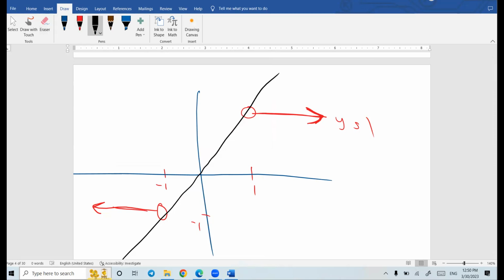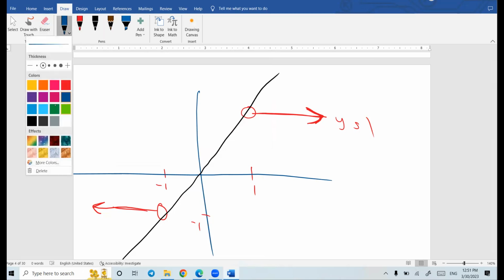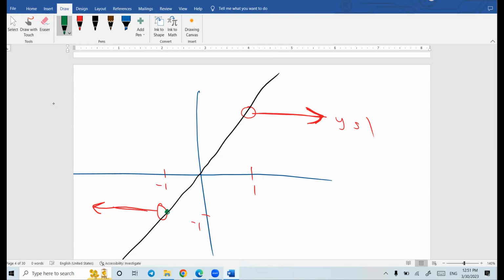The location says what? Yeah, between -1 and 1. So I'm going to choose it as green, between -1 and 1. So I'm going to erase the black part that does not belong to this. Generally, you will get that shape.